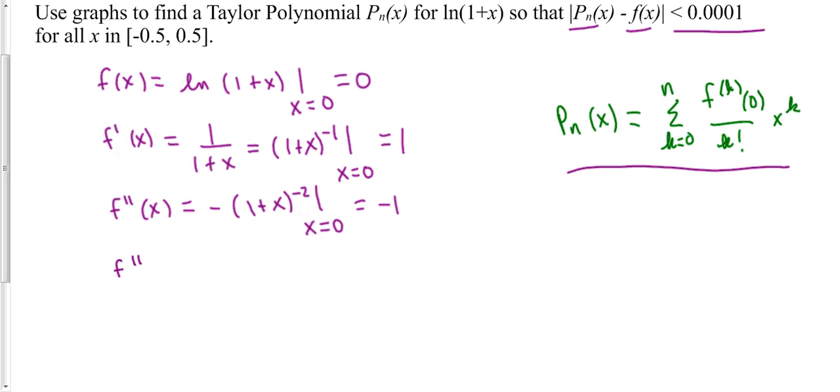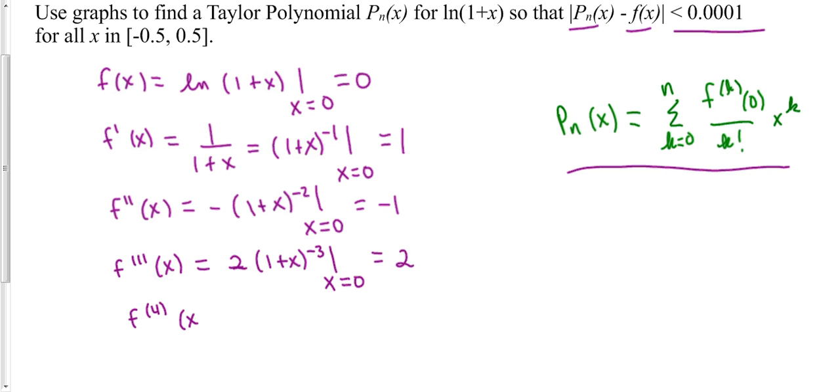Our third derivative is going to be 2 times 1 plus x to the negative 3, evaluated at x equals 0, and that's going to give us 2.